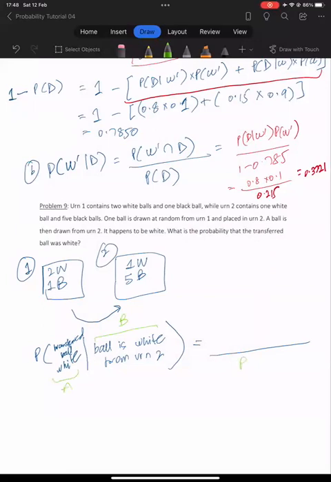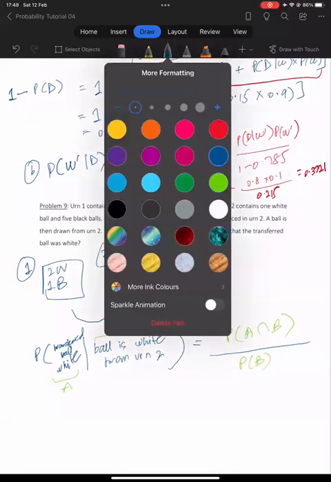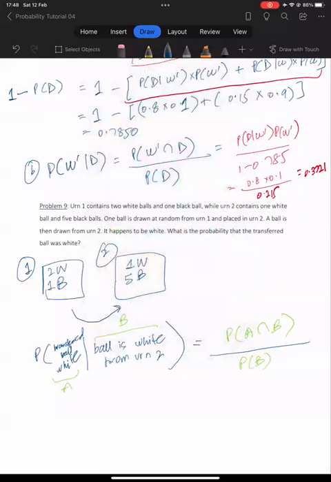So we want probability of B, probability of A intersection B. So we get ये transferred ball अगर white थी, तो हमने पहले वाले में pick white की थी, तो which is 2/3, और फिर हमने उसे ट्रांसफर करके जब दूसरे वाले से उठाया तो दूसरे वाले में 2 वाइट बॉल्स थी, तो 2, और टोटल नंबर ऑफ बॉल्स थी 7, क्योंकि हमने एक ट्रांसफर कर दी थी.